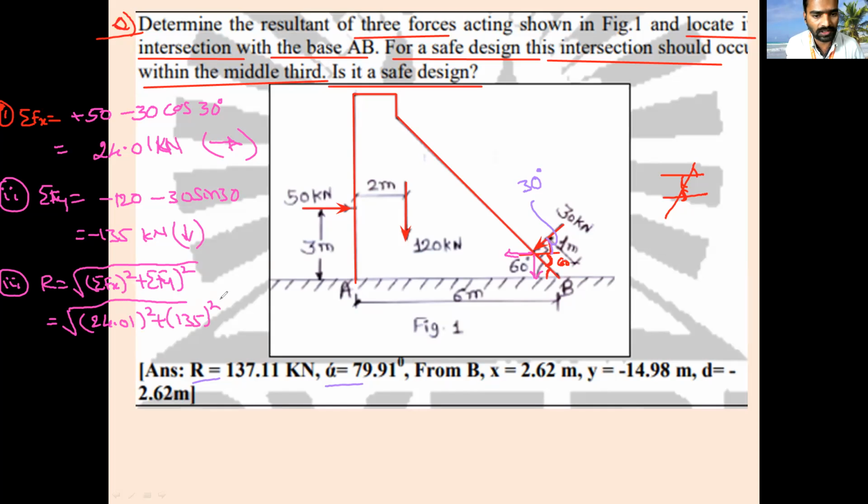What is the value of the resultant? R is equal to 137.11 kilonewton. So all of you are getting the same answer. These are the answers.